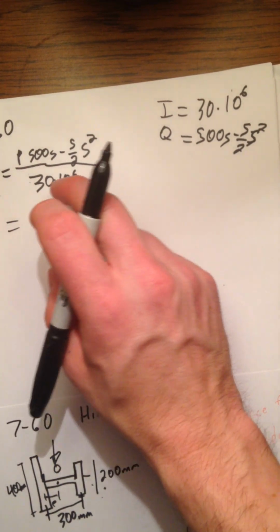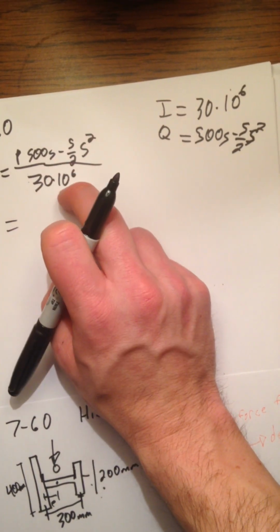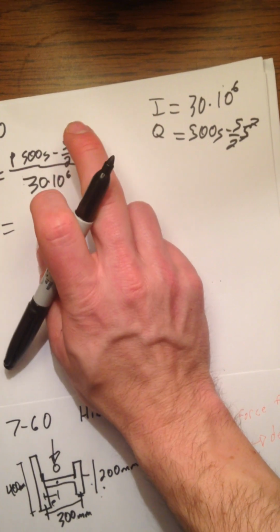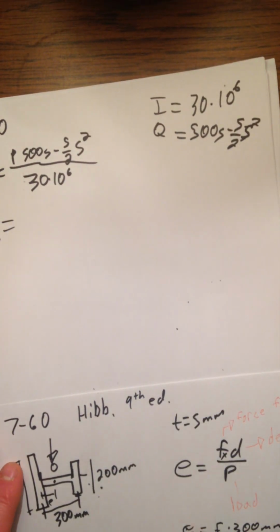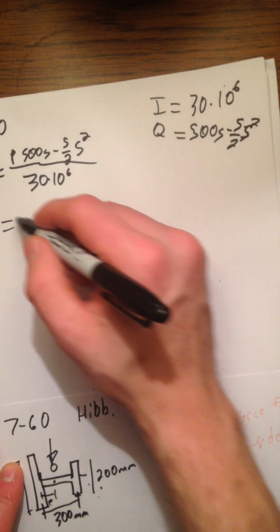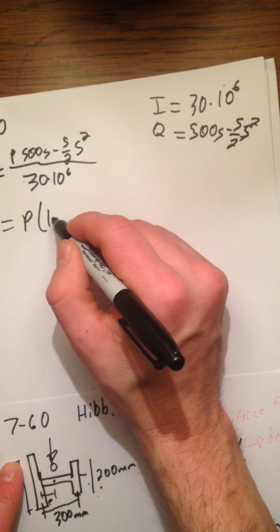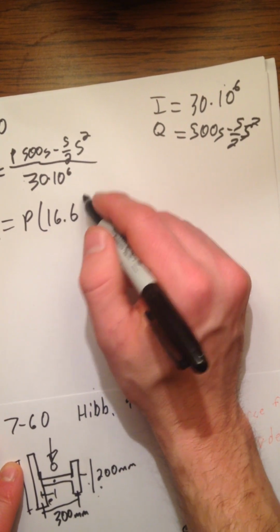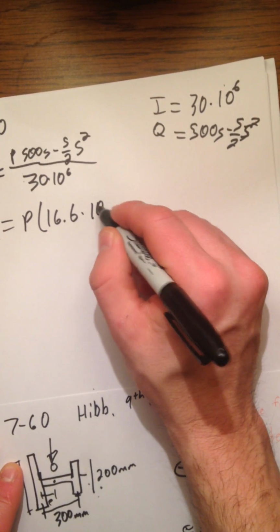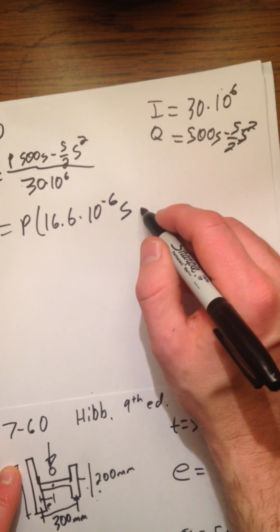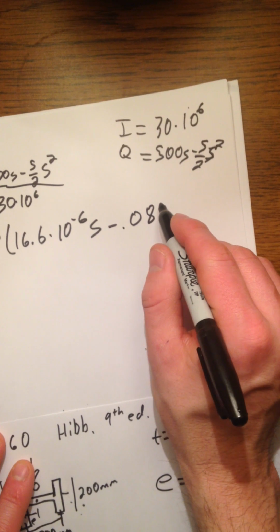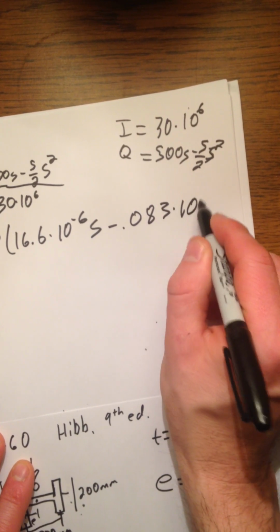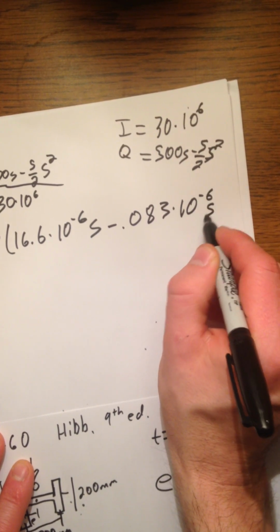A good way to do it is just divide the 30 times 10 to the 6 by the 500s and by the 5 over 2s. So you'll get q equals P times 16.6 times 10 to the negative 6 s minus 0.083 times 10 to the negative 6 s squared.